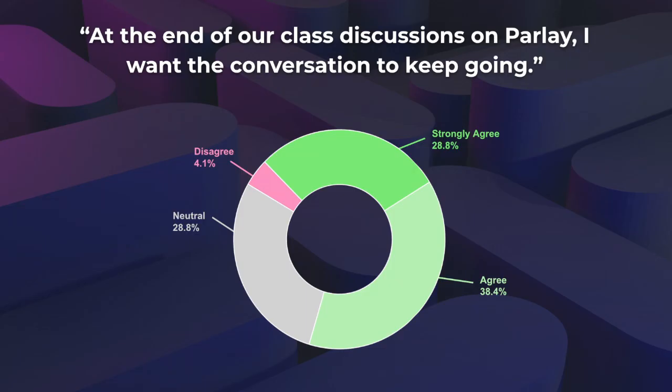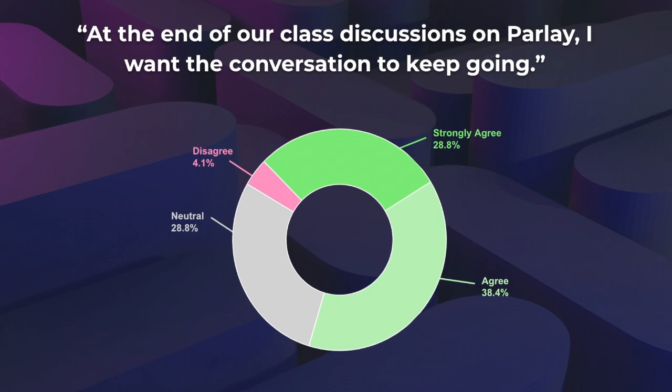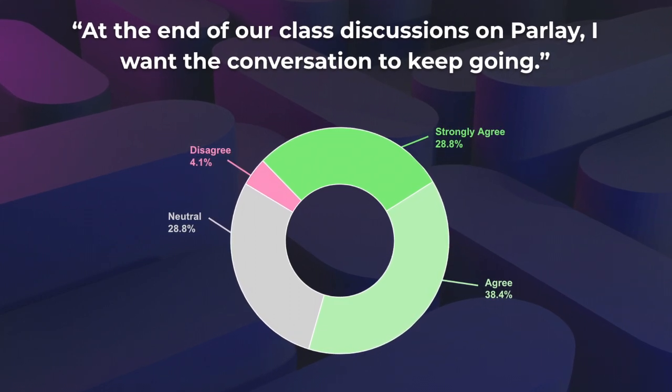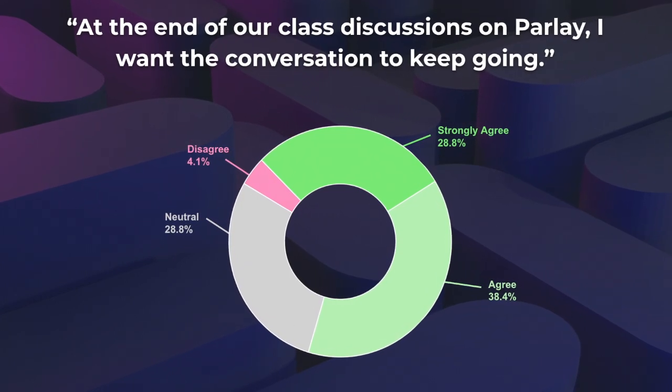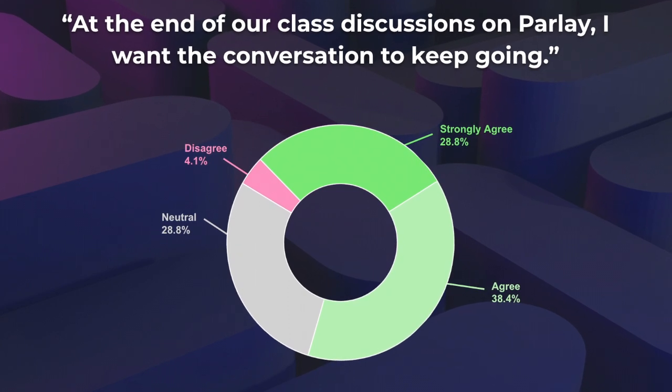At the end of our class discussions on Parlay, I want the conversation to keep going. And most students in your classes had said that they really wanted the conversation to keep going. Presumably, they wanted the class to be a bit longer so that they can continue the conversation. I thought that was so powerful, especially for high school and especially for English. What did you think about that?